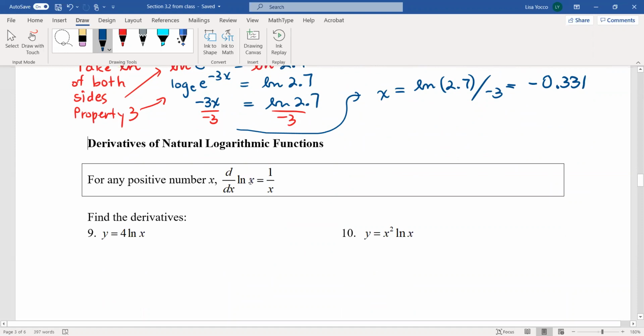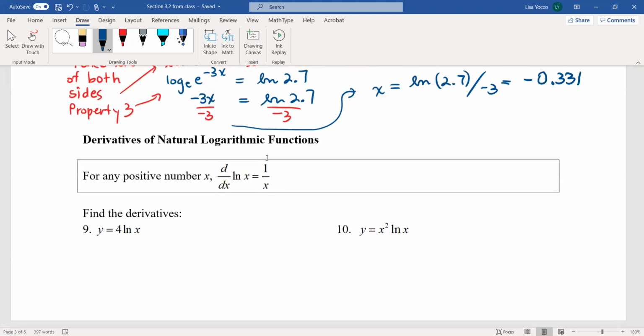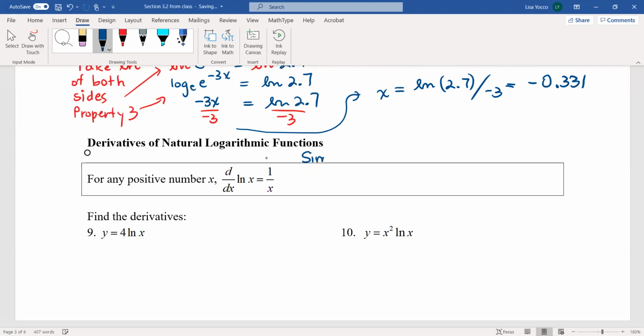Sort of like with our exponential functions, where the simple case was that the derivative of e to the x is e to the x, this is also the simple case for the natural log. The derivative of the natural log of x is 1 divided by x.